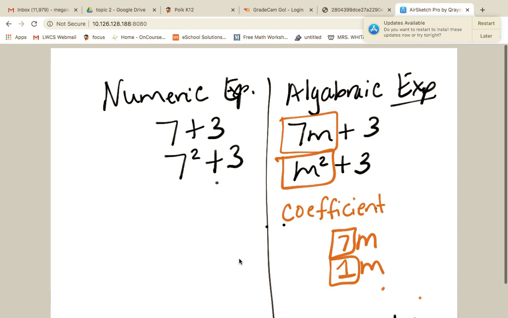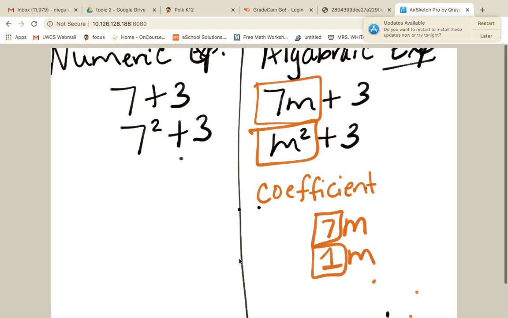That is coefficient. The next word would be a variable. A variable is just any letter that you're using in your problem that can change. It varies, whatever you decide to plug in for that letter. So in this case, I have m in my problem, so m would be the variable.